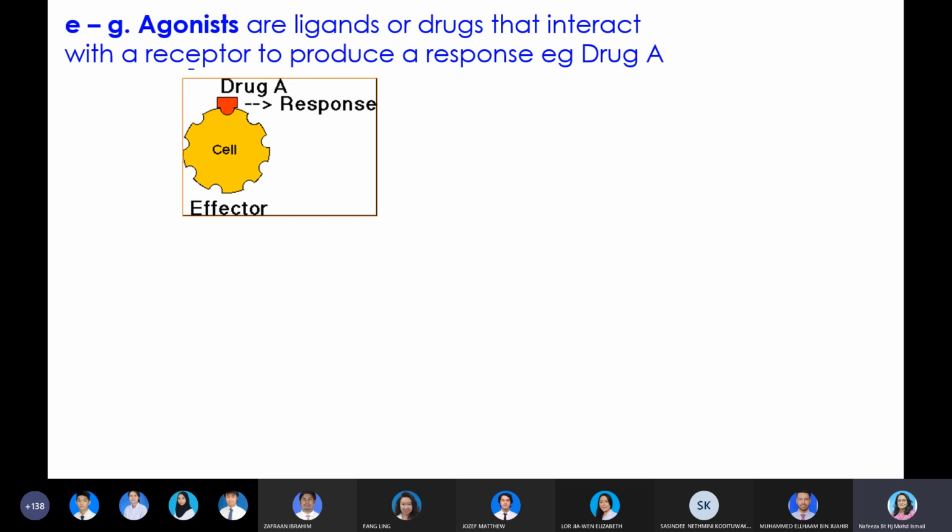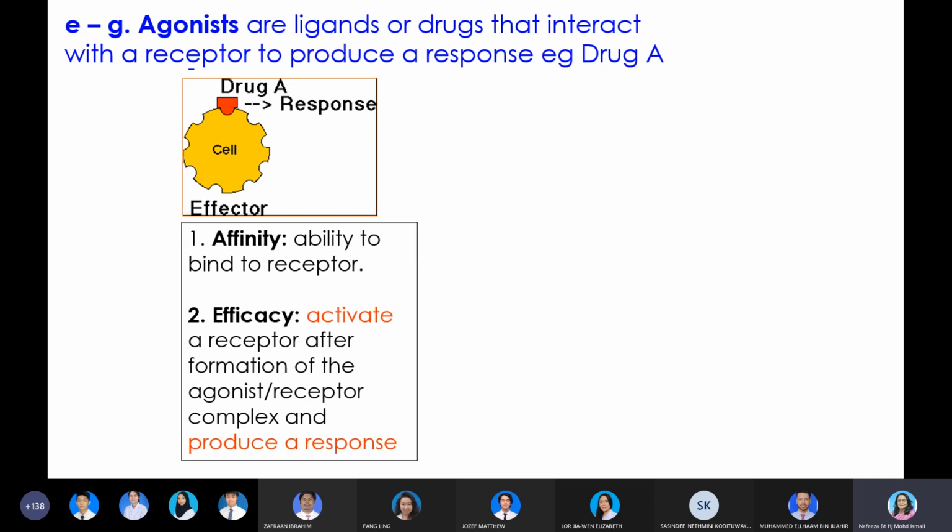So again, remember people, affinity means ability to bind to a receptor. It doesn't tell you whether it activates or stimulates or interacts with the receptor. It just means it simply binds to a receptor. Efficacy, however, relates to the fact that it activates the receptor.